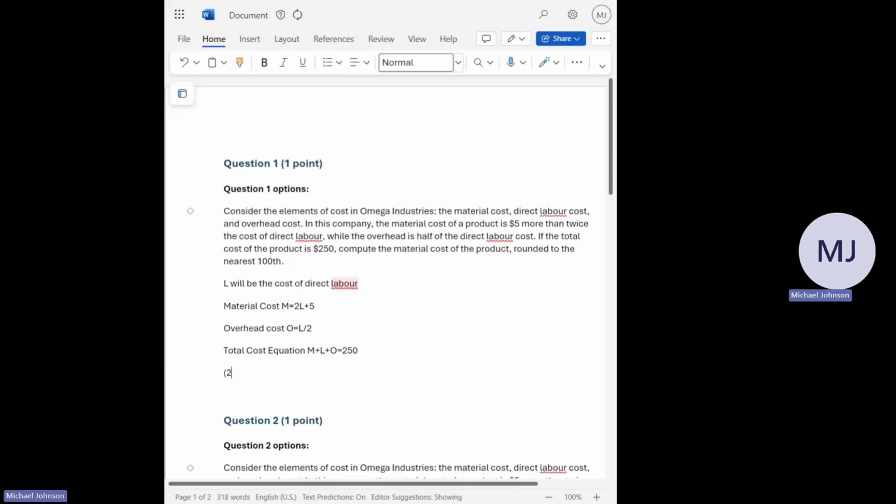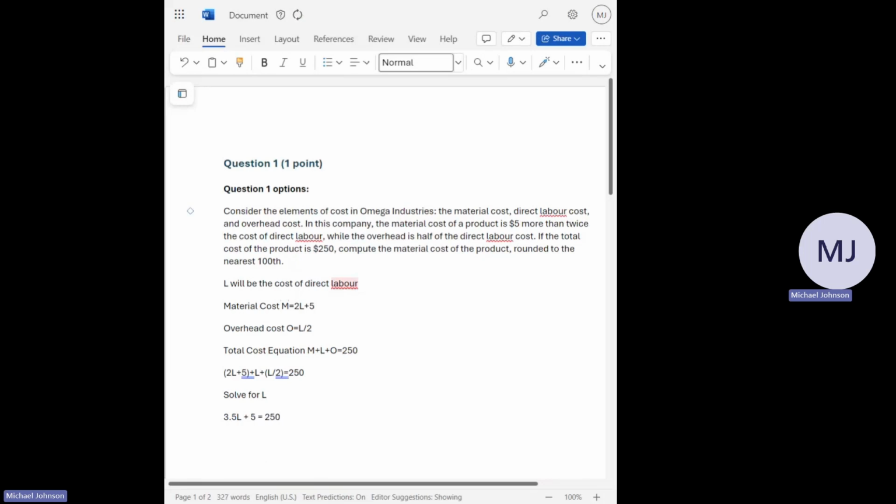So M is 2L plus 5, based on the equation above, plus L plus overhead costs, L divided by 2, equals 250. And then we want to rearrange this, so rearrange to solve for L. So then we would get 3.5L plus 5 on the left side equals 250.